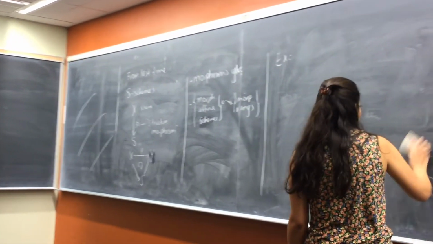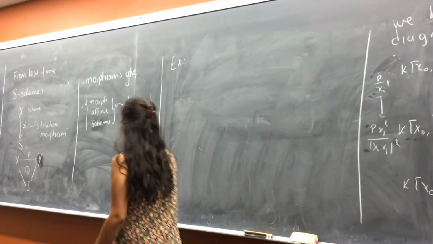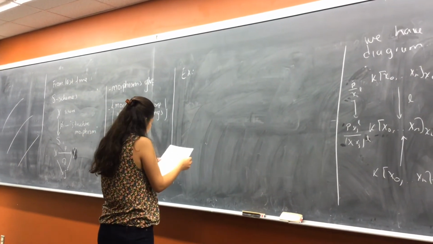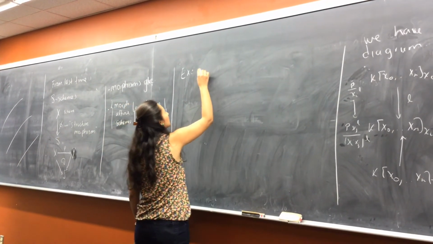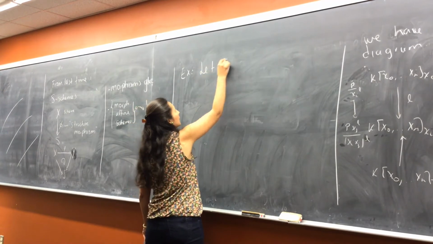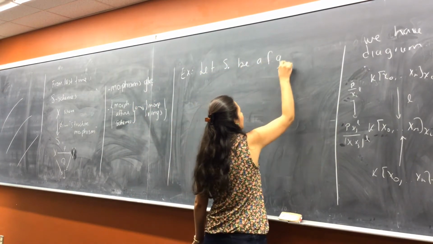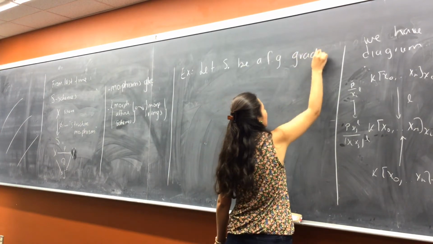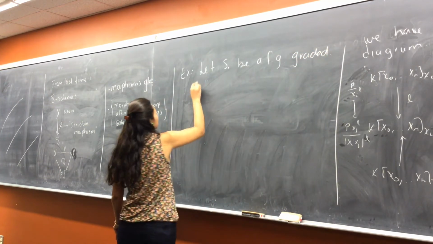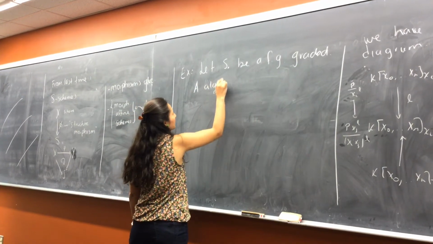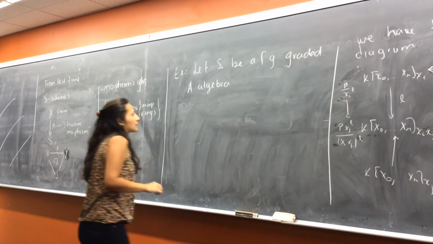So let's construct some structure morphisms. Let S be a finitely generated graded A-algebra, where A is a ring.